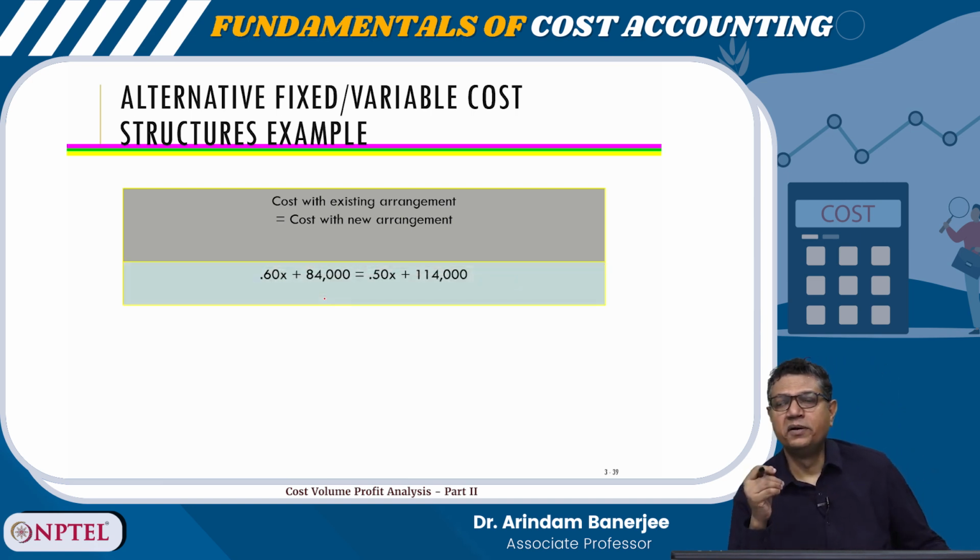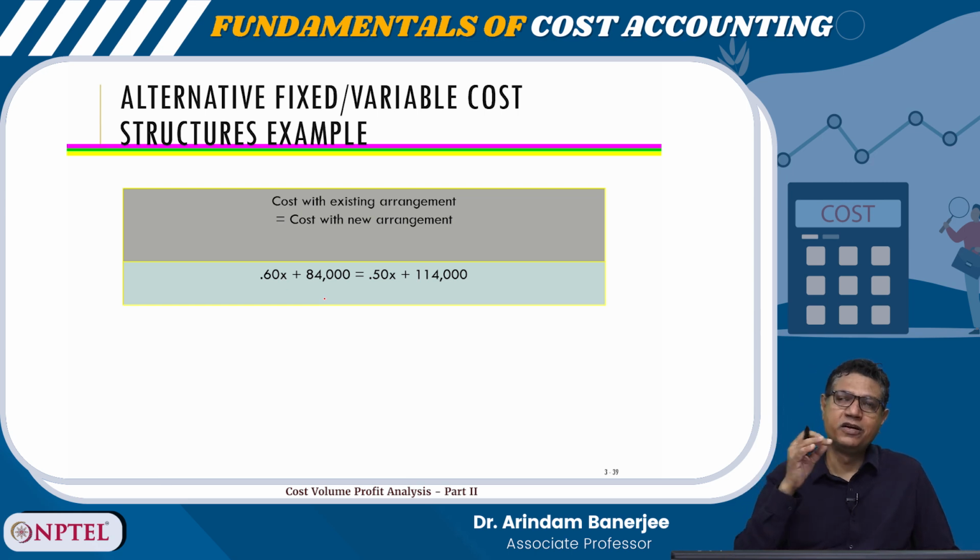Now, if the production increases, we discussed earlier that when the production increases, the fixed cost per unit falls. That is called economies of scale. So, if the total fixed cost is on the higher side and if your production is high, then the per unit fixed cost comes down.